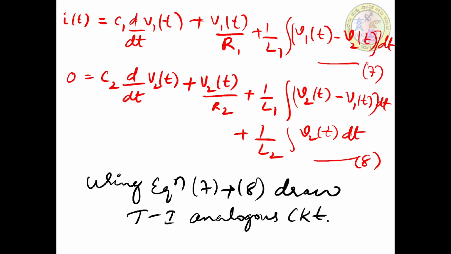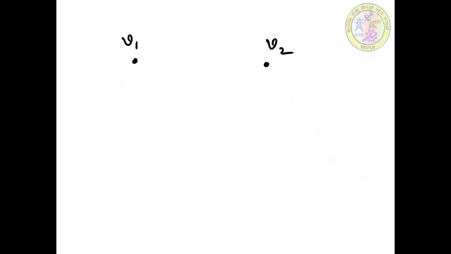From equations 7 and 8 we observe that the inductor L1 is common to both the nodes, so you can connect L1 common to both the nodes.